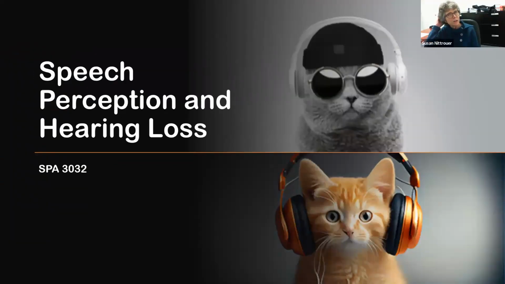Okay, so by this point in the course, we have covered the auditory system, and we now realize that the auditory system does much more processing than just transmitting the signal from the periphery to the central auditory system.